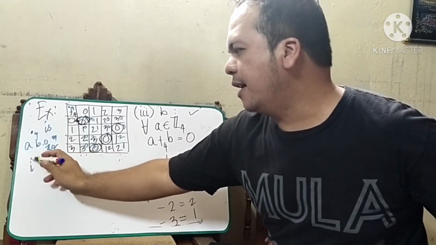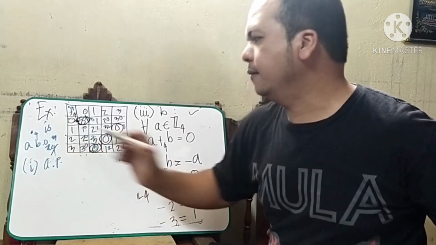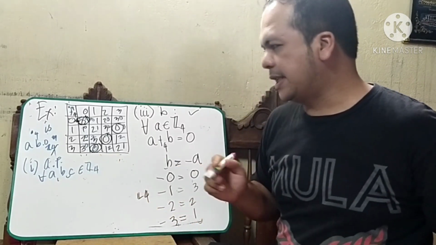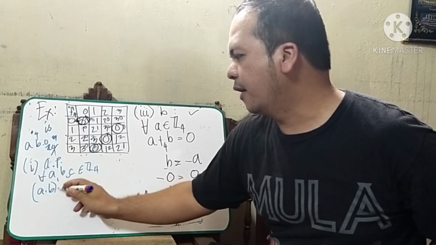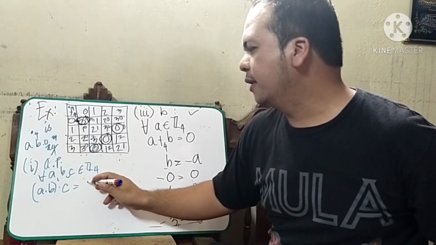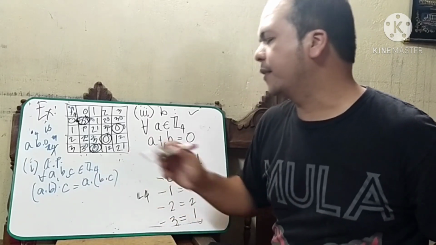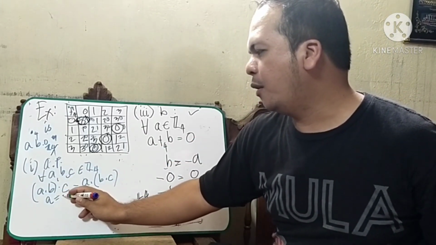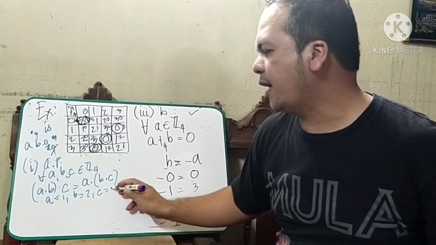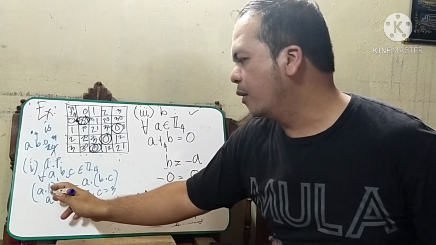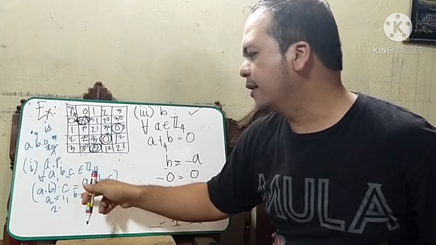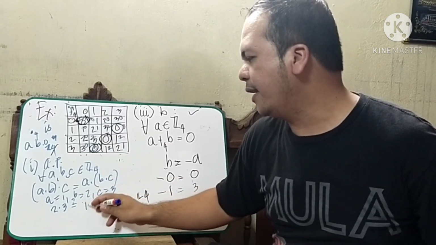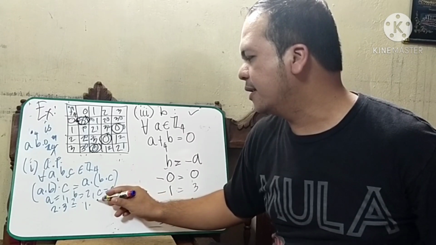So for the associative property, we have for all A, B, and C elements of Z4, the quantity A times B, times C, is equal to A times the quantity B times C. So if, for example, A is equal to 1, B is equal to 2, C is equal to 3, we have 1 times 2 is 2, times 3 is 6. And A is 1 times B times C, which is 2 times 3, is 6.